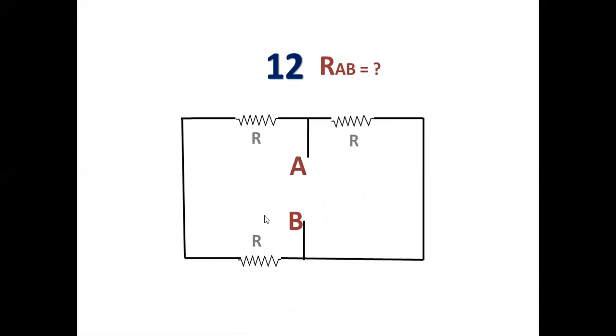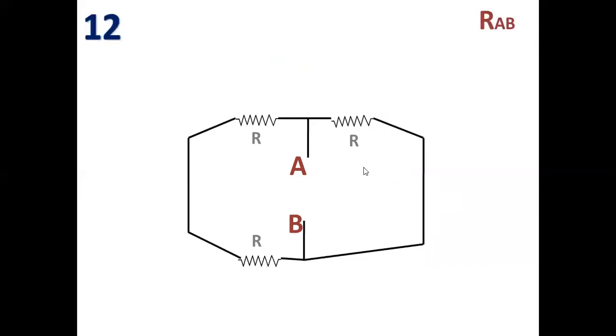R_AB is how much in this circuit? Very simple circuit. Now between A and B, connect a battery. When you connect a battery here, current will flow through this, the same current will flow through this, and a different current here. So these two are in series, and this is in parallel. This may be replaced as 2R, and here it will be replaced by parallel R. So net resistance is 2R parallel R, that is 2R into R by 2R plus R, which is 2R by 3.